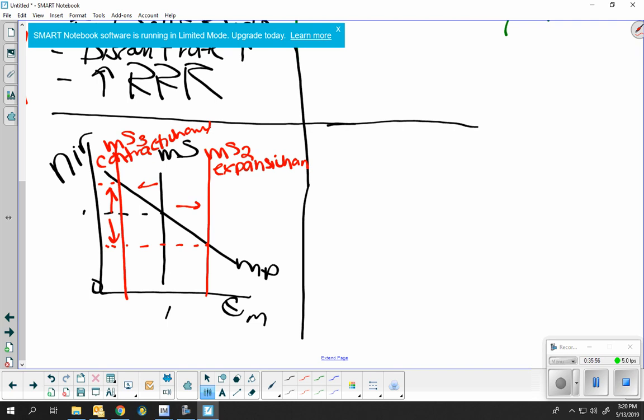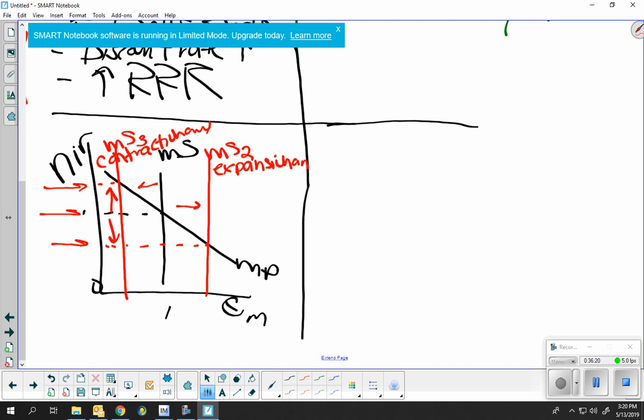Is the x-axis quantity? Yes. And remember, what got me here was Victor's question of what is the interest rate that banks charge each other, and that's the federal funds rate, and that's the equilibrium. Whenever this equilibrium is on the nominal interest rate, that is the federal funds rate.